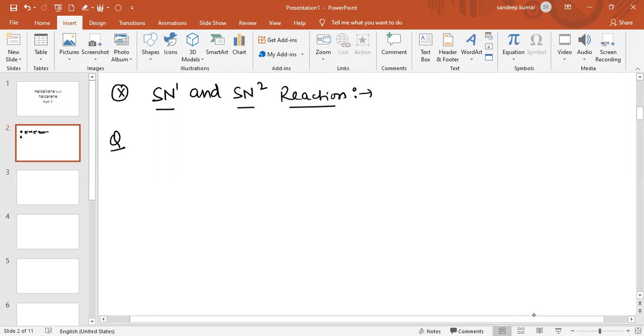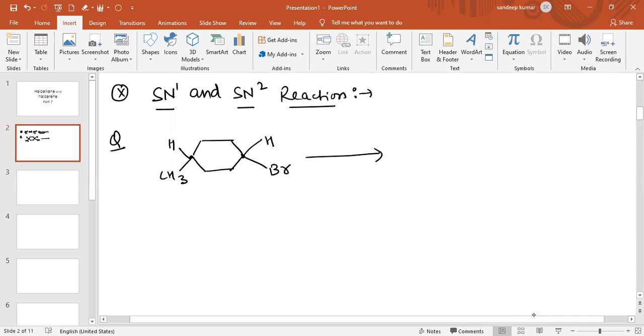See, if a compound is given like this, it is basically cyclohexane. On this carbon atom, two groups are there: one is hydrogen and one is CH3. On this carbon atom, again there is hydrogen and there is a leaving group, which is Br.